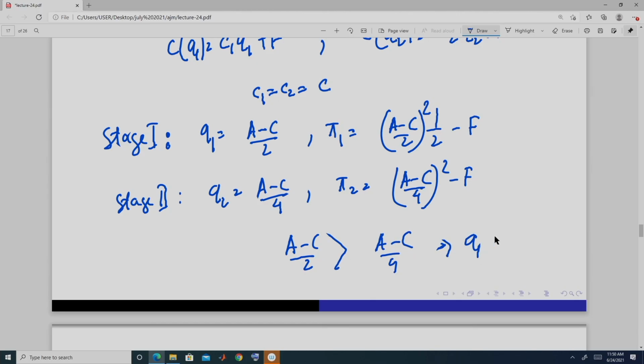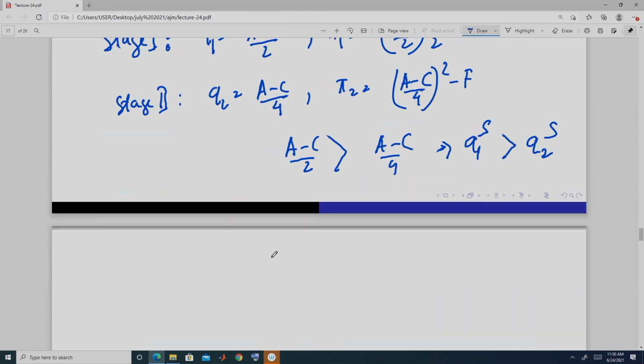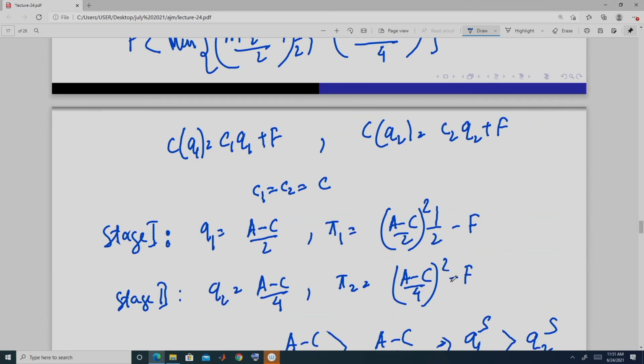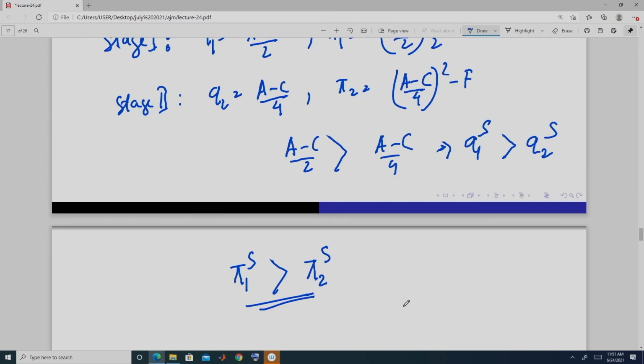So, this implies Q1 Stackelberg is greater than Q2 Stackelberg, where firm 1 moves first and firm 2 moves second. And the profit of firm 1 in Stackelberg is greater than the profit of firm 2 in Stackelberg, because this is definitely less than this, obvious. Here we have to assume that this is greater than f.